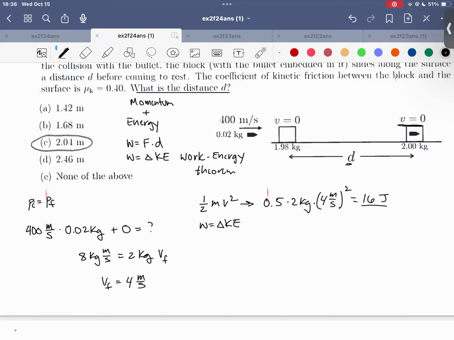Since work is equal to force times distance, and the force doing the work is this friction, the force of friction is equal to mu k times n, where n is mass times gravity. So we say 0.40 times 2 kg times 9.8 meters per second squared, and we get this.